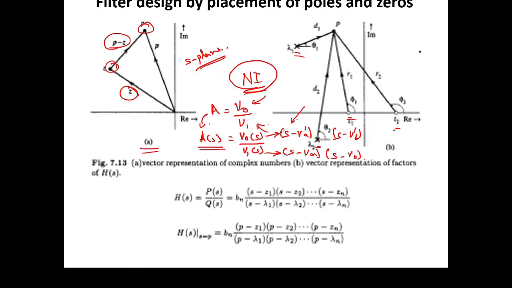Now, if you have some solution, say s minus V dash A, and if you replace s by the root value, what will happen? If we put the root values in the numerator, then V0(s) becomes 0, and A(s) goes down to 0.